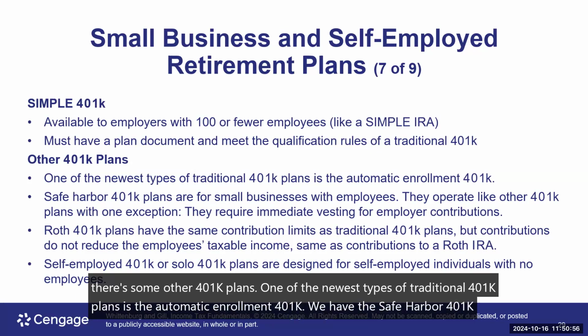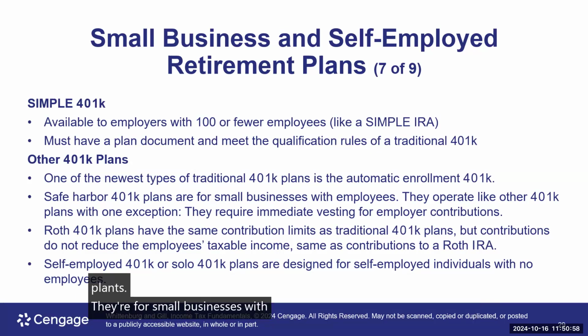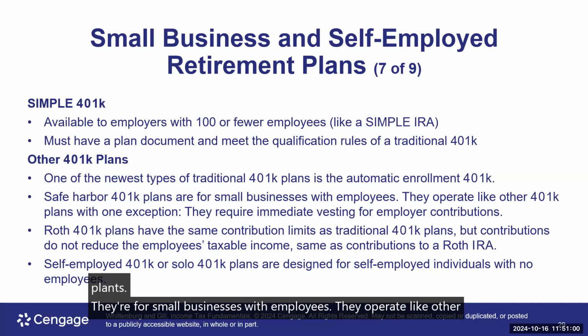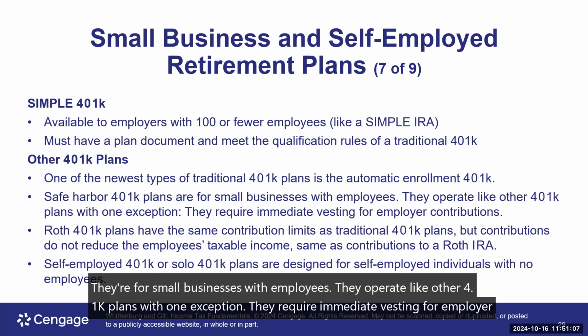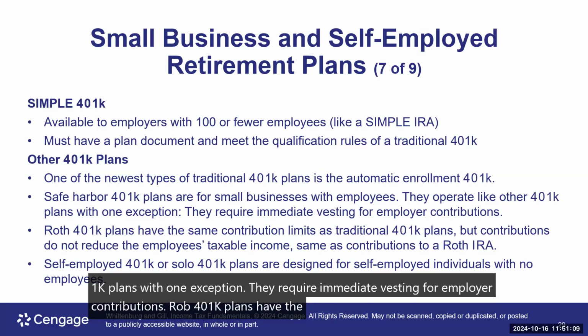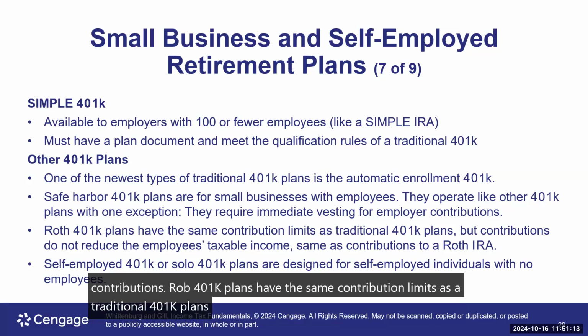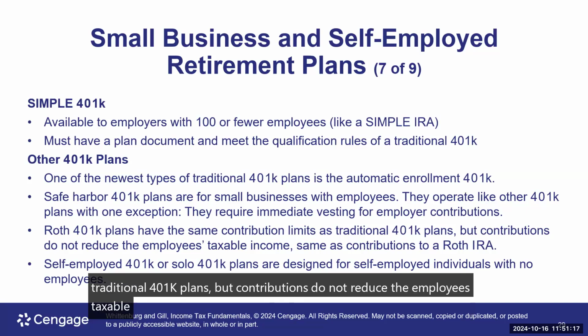They're for small businesses with employees. They operate like other 401(k) plans with one exception: they require immediate vesting for employer contributions. Roth 401(k) plans have the same contribution limits as the traditional 401(k) plans, but contributions do not reduce the employee's taxable income, same as contributions to a Roth IRA.